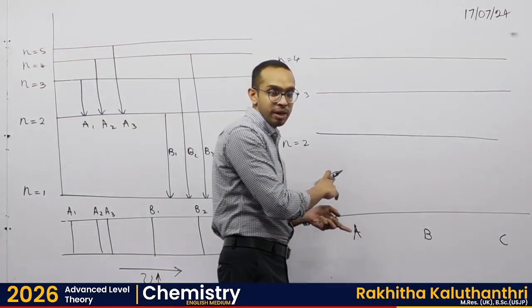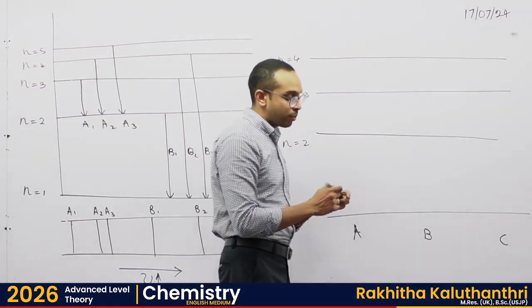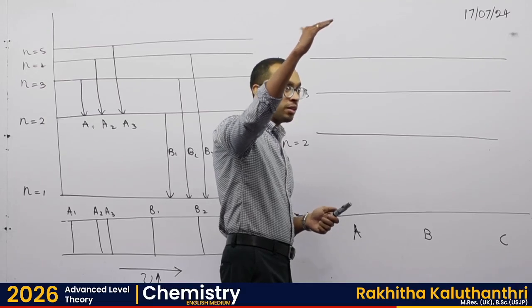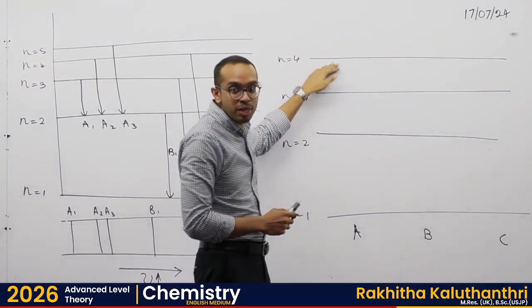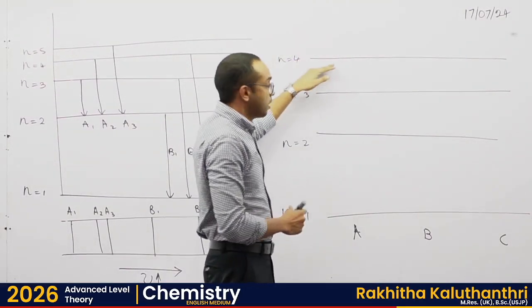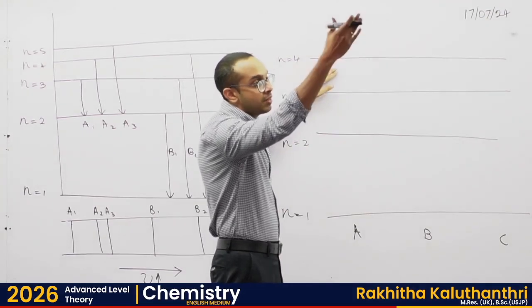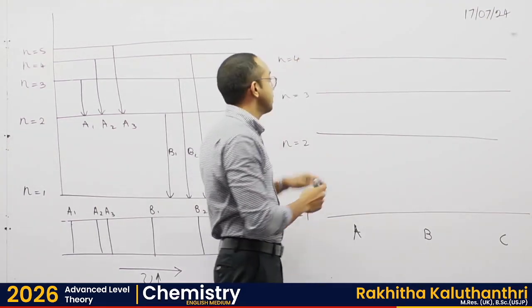Actually, Brackett is also IR, but you can't properly show that here, because when it comes to Brackett, electrons are transferred from high energy levels to the fourth energy level. We are ending with fourth here. We can't show high energy level transitions. But when it comes to Paschen, that means high energy level to third energy level electron transitions. So we can show that here.